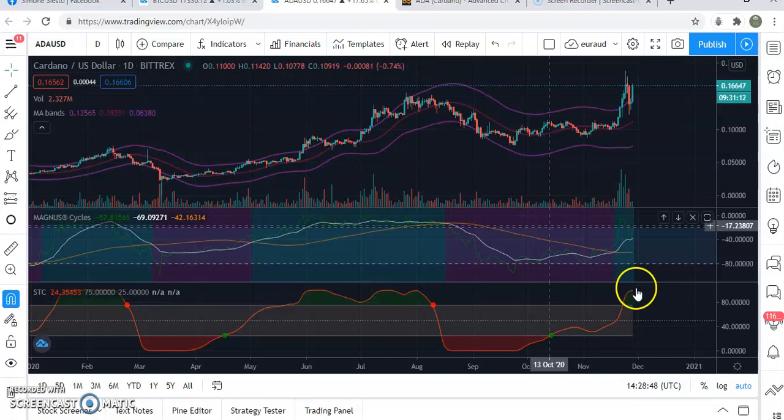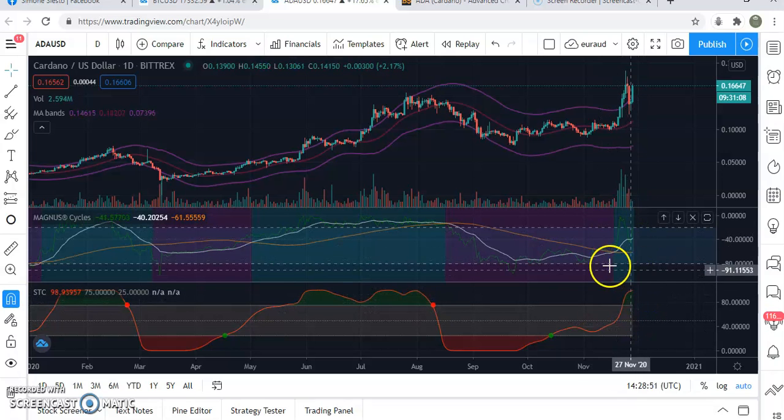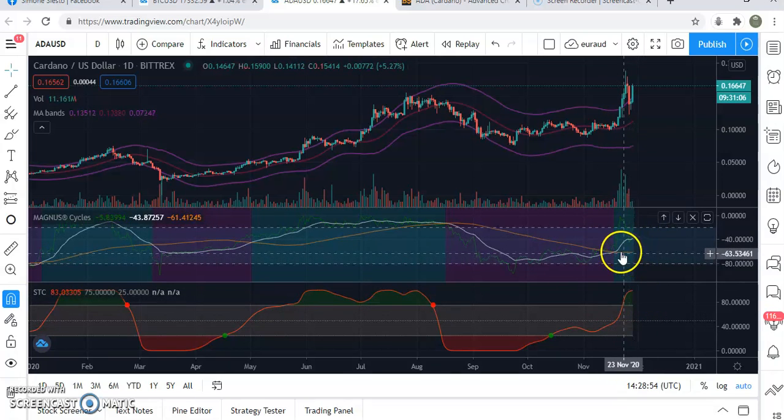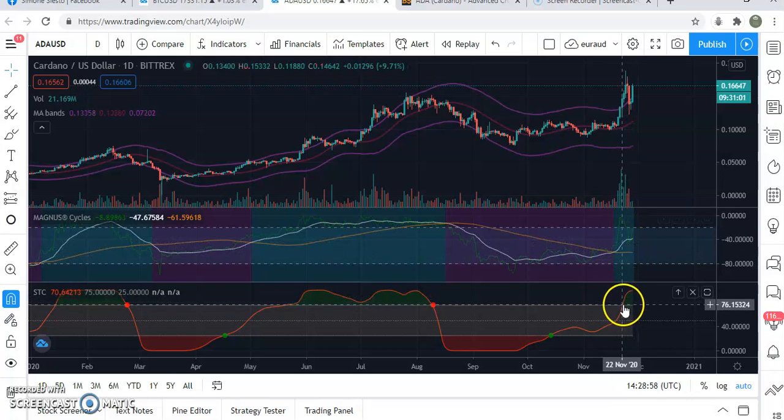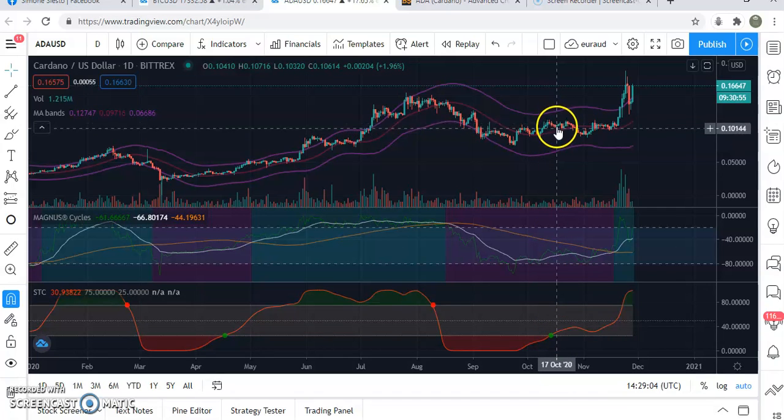So what we see here is that both the Shaft Trend cycle and the Magnus cycles are in this case oriented upwards. Now, to be precise, the Shaft Trend cycle went up and gave the signal at 0.10 US dollar, roughly 0.11 probably.